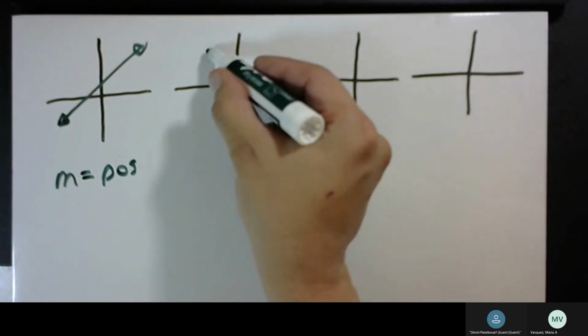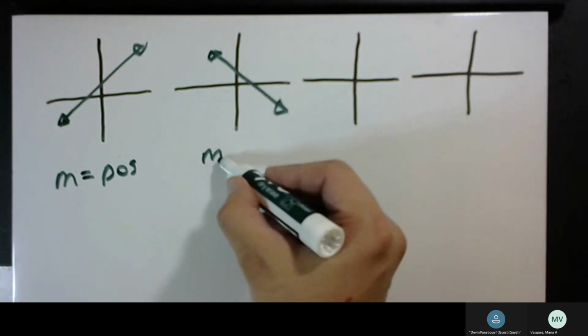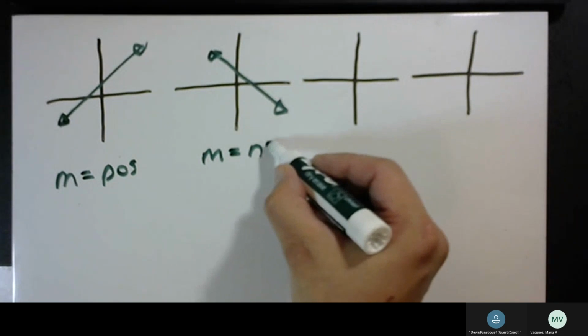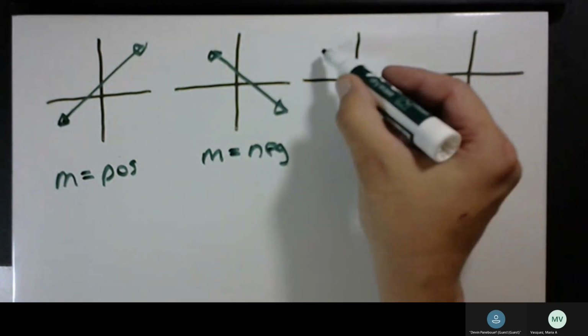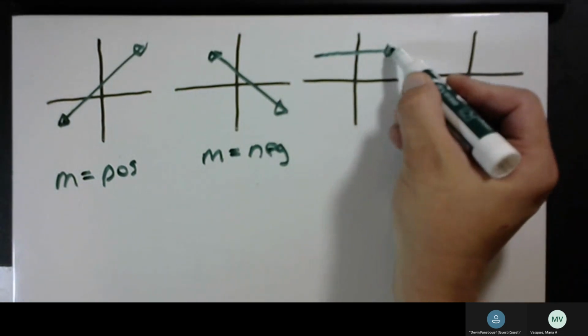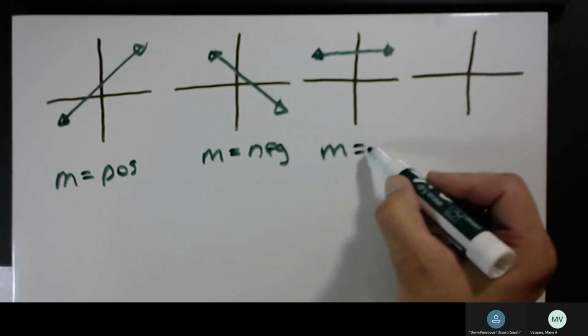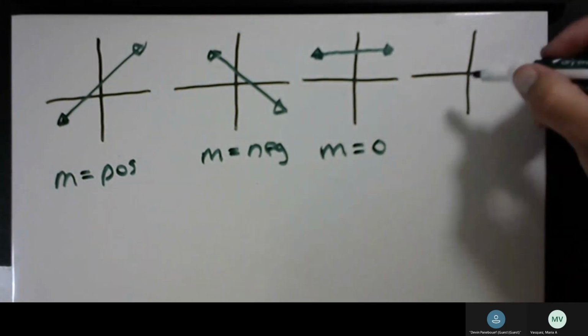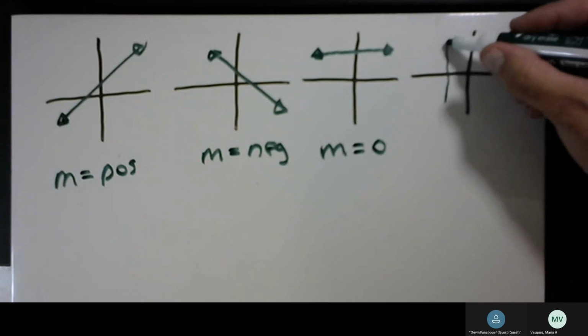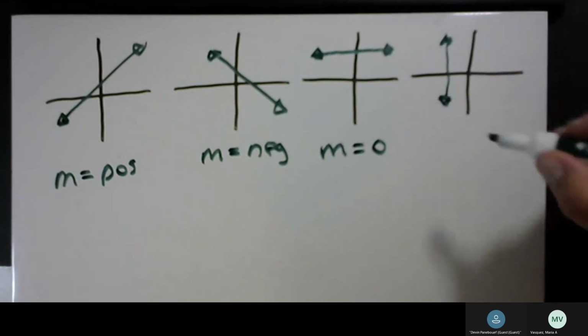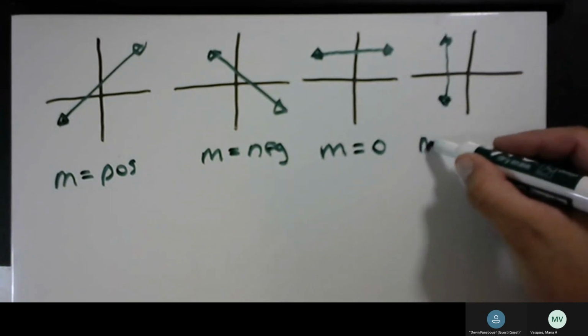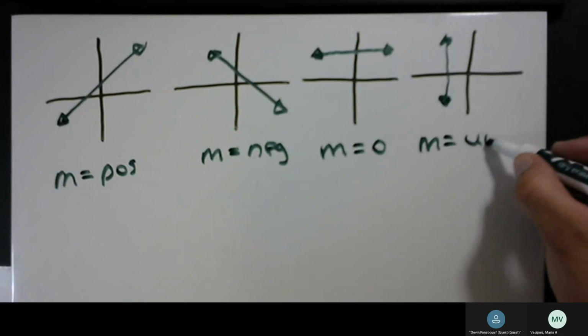When a line is like this, the slope is negative. When it's perfectly horizontal, the slope is 0. And when it's perfectly vertical, the slope is undefined.